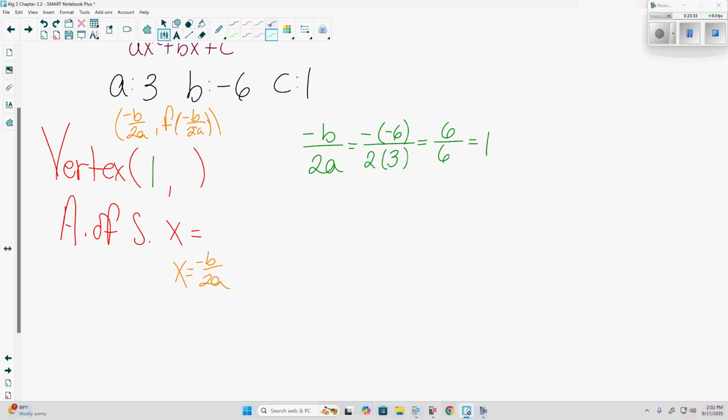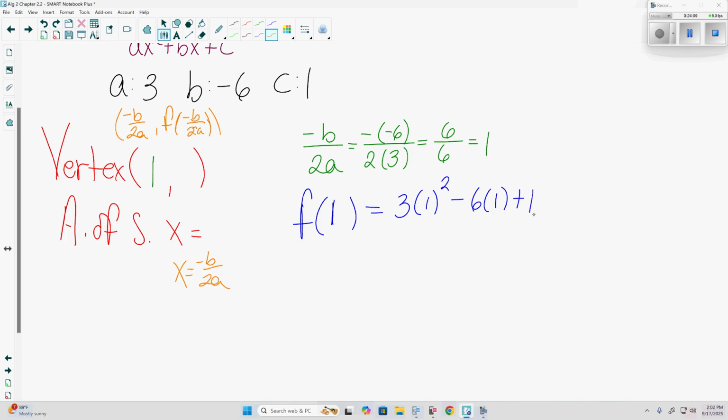So now the only thing we don't have is this f of negative b over 2a, yes? Well, I know the value of negative b over 2a at this point. It is 1. So at this point, it's really asking us what is f of 1. All it's saying is what's the y value when x is 1.